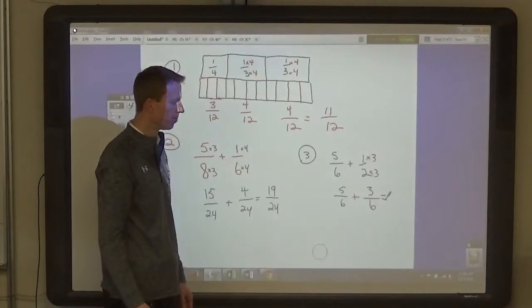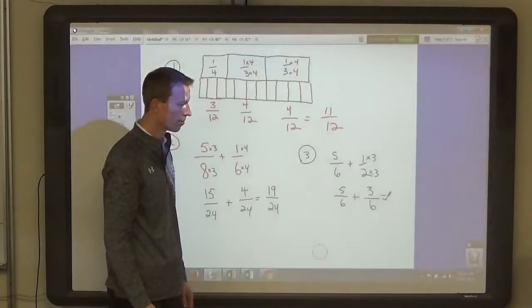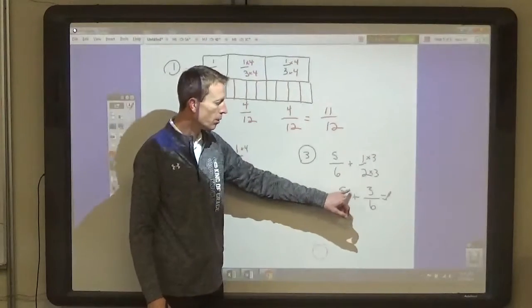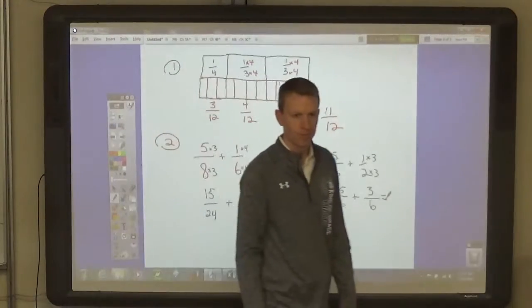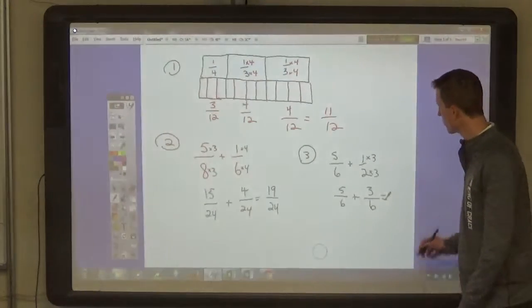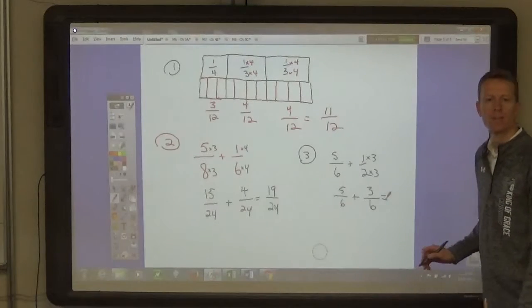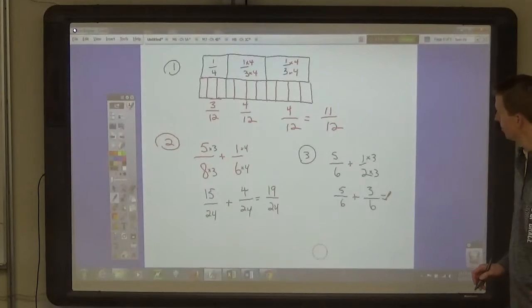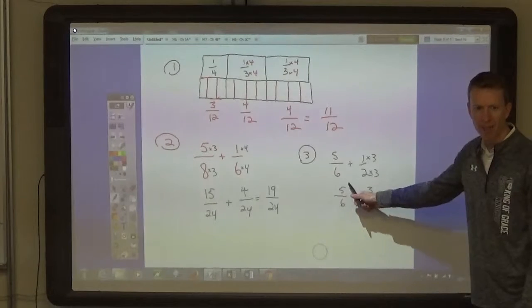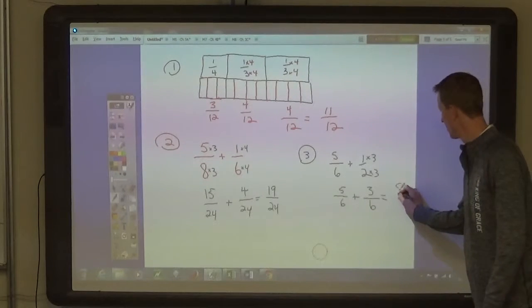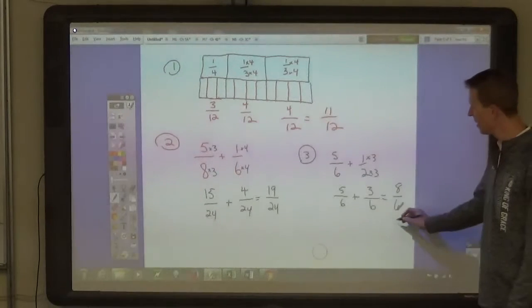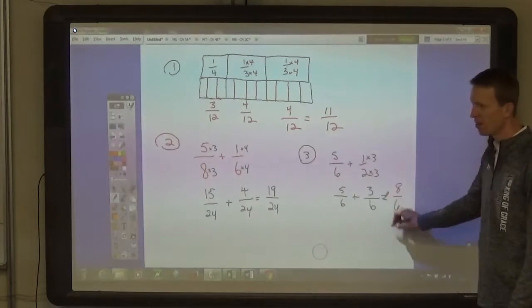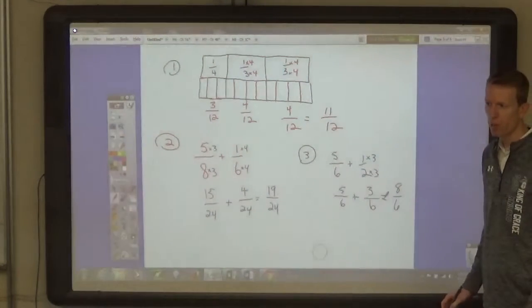What is this? 5/6 plus 3/6 is, Lindsay? How many pieces do we have? 8/6, right? Is this in lowest terms? No, what can we pull out of both numbers?